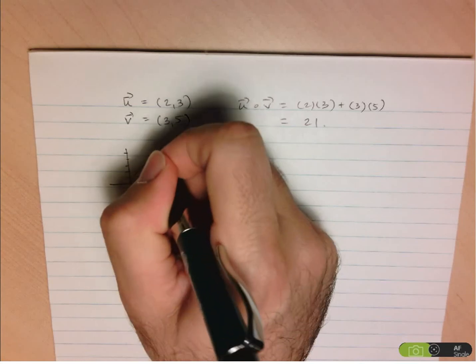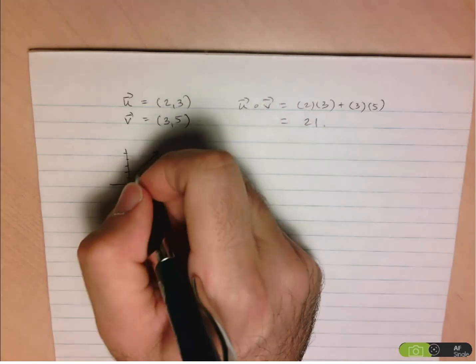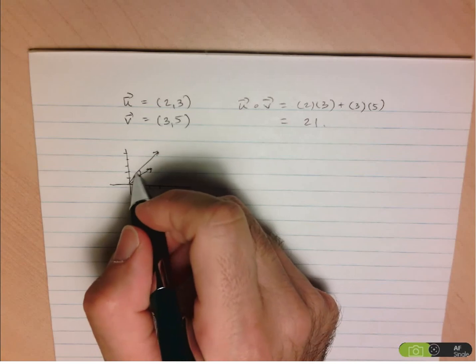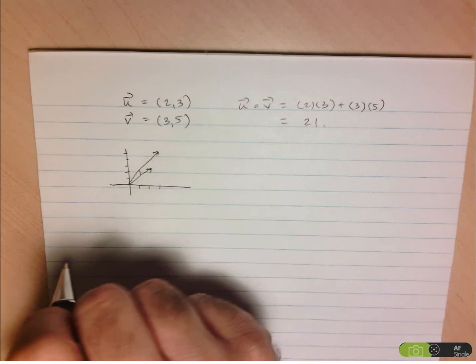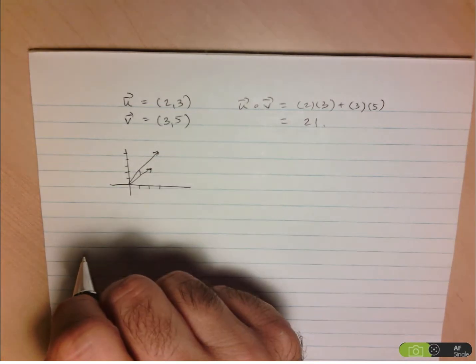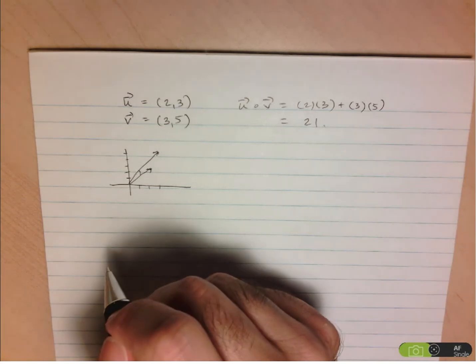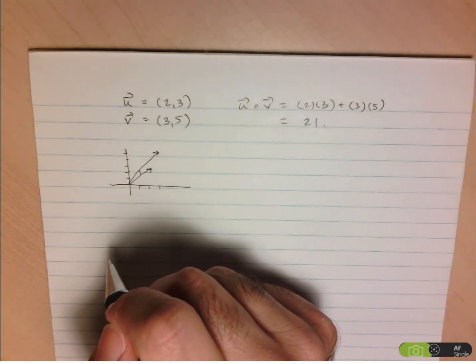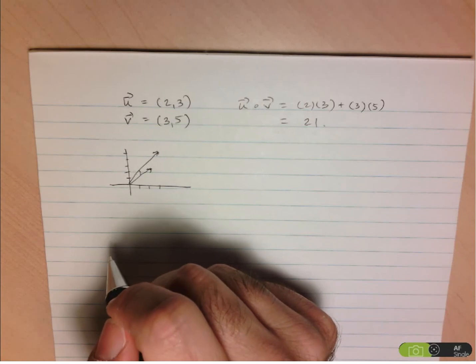So we need to find this angle between them. How are we going to do that? Well, we'll find the angle for (3, 5), find the angle for (2, 3), and then subtract them. As you can see, this is already a very long process using the first definition for the dot product. So even though we had to do all that algebra, it'll be well worthwhile.